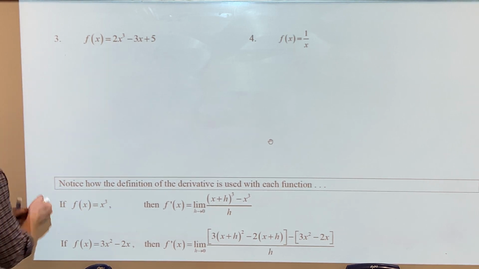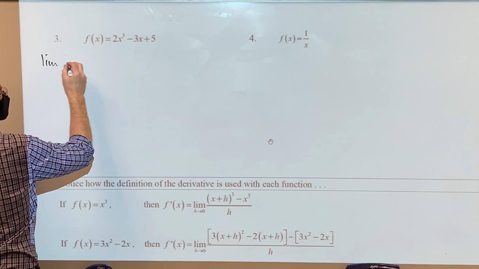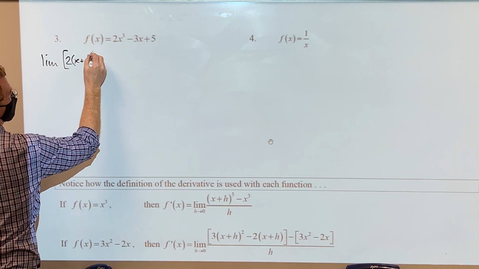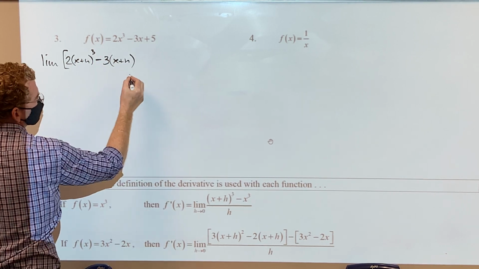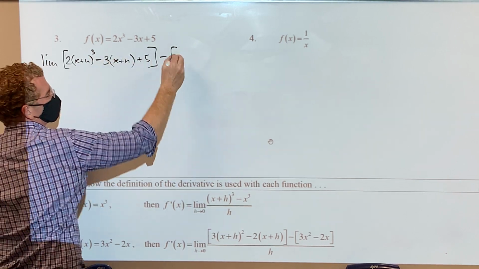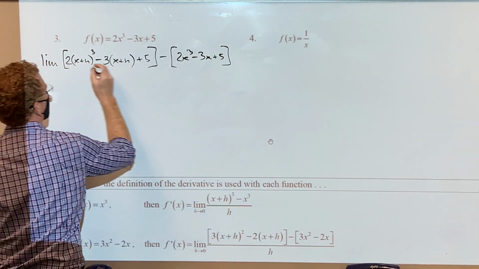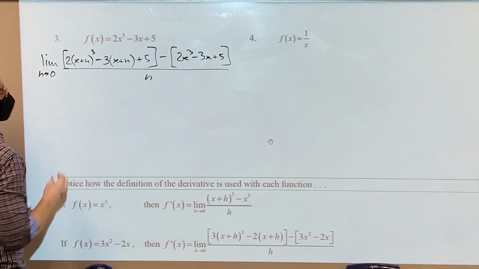But if that's f of x, using our limit definition, what is f of x plus h? 2 times x plus h cubed, that's ugly, minus 3 times x plus h, plus 5, and then minus the function, all of it over h as the h goes to 0.